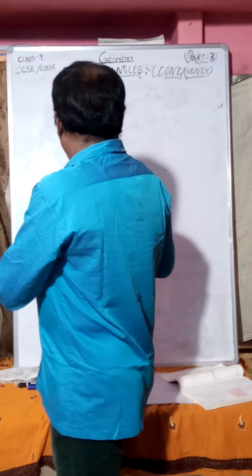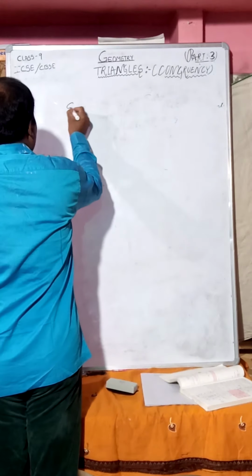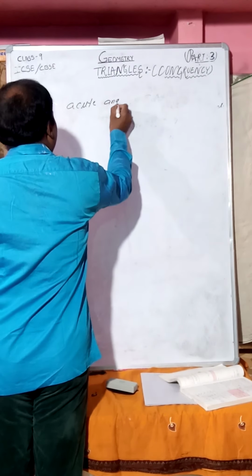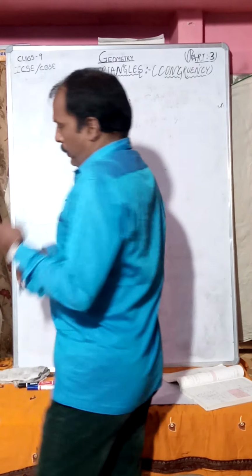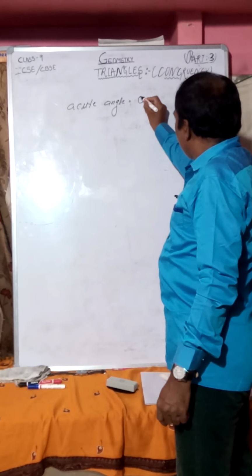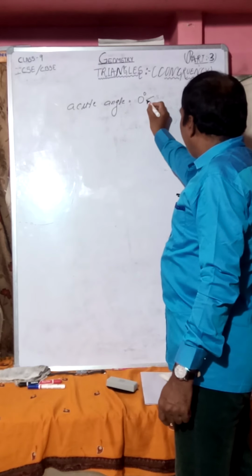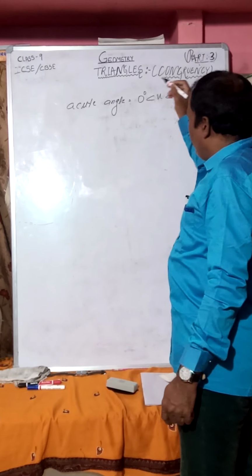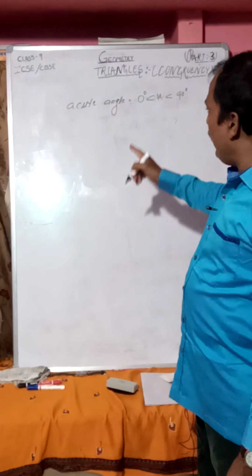What is acute angle? The angle which is greater than 0 degree and less than 90 degree is called acute angle.